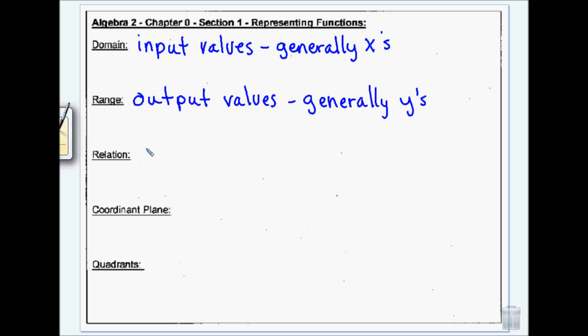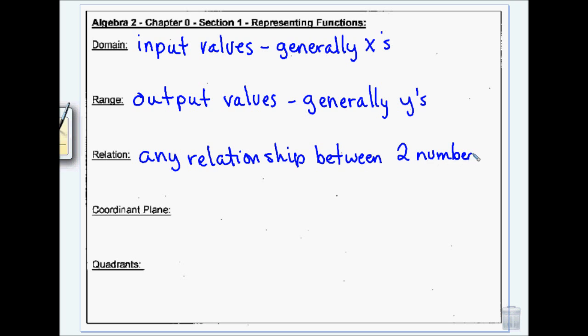A relation is any kind of relationship between two numbers. And you can describe them as ordered pairs, points on a graph.